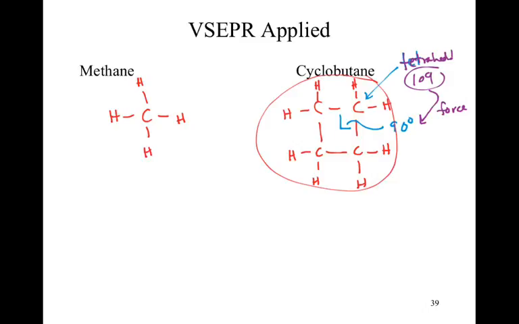Cyclobutane is a very high energy compound. Okay? It has a lot of angle strain on it. That strain we could then take advantage of if we were to, say, react it with oxygen in a combustion reaction. Okay? So knowing something about the bond angle would allow us to predict that we have a lot more energy there than if we just had butane, the 4 carbons in a straight line.